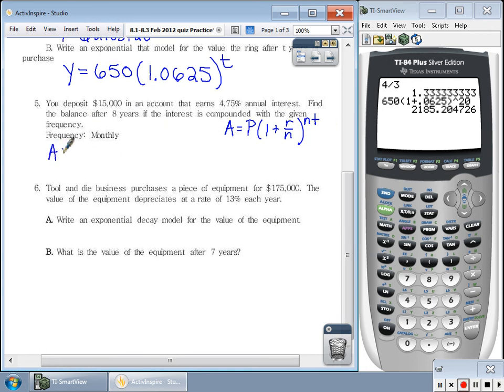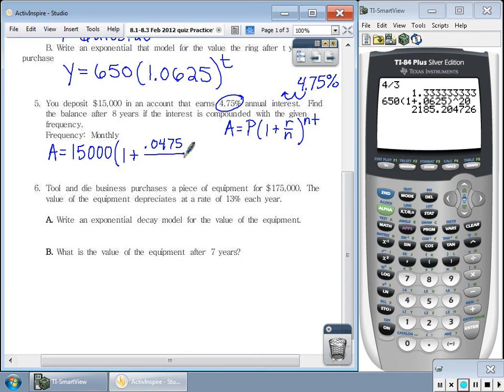So we're trying to find an amount. We invested $15,000, so there's my 15,000, times 1 plus, that never changes. Now the rate. The rate was 4.75%. So 4.75% to change into a decimal, 1, 2. And so the rate is 0.0475 over.